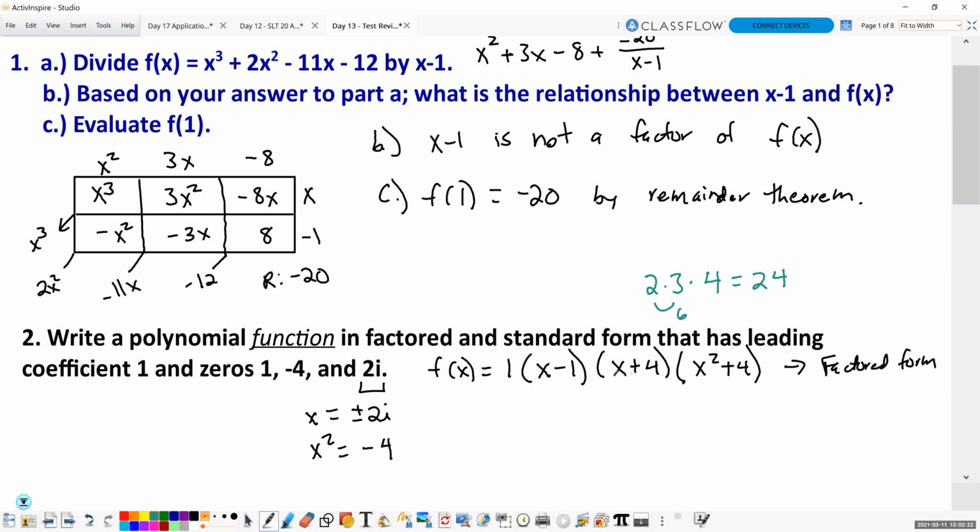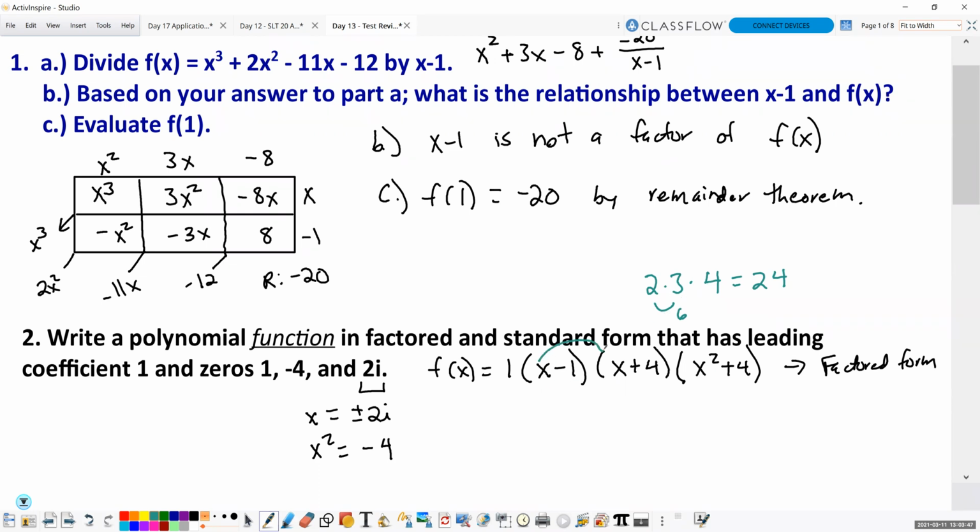We're going to apply the same multiplication principle here. First, we're going to do x plus 1 times x plus 4. And then multiply the result times x squared plus 4. It is 100% incorrect to distribute, I put that in air quotes, the x plus 1 to both binomials. Like you wouldn't do 2 times 3 and 2 times 4 and then multiply that together. Don't do it here either.